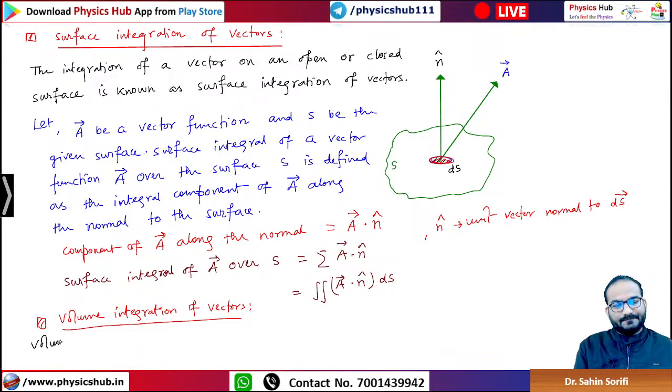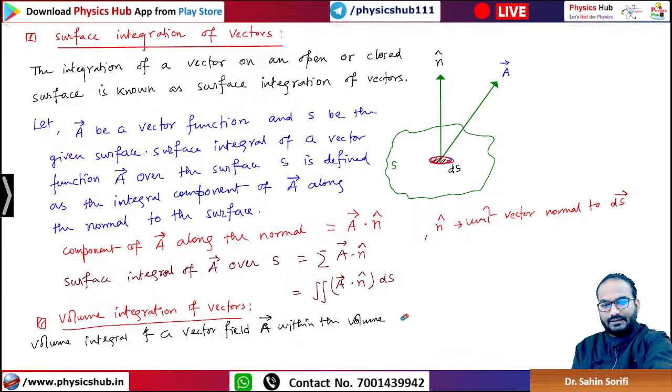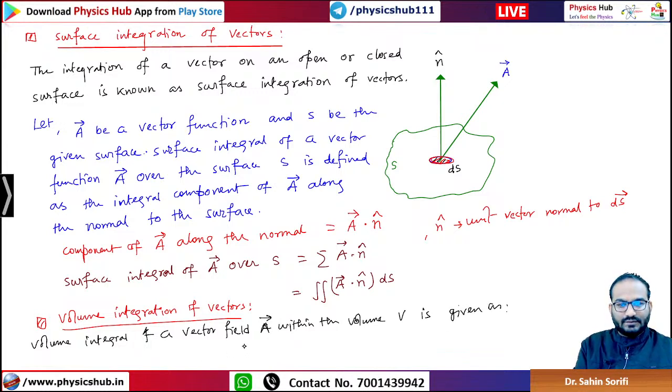So volume integral of a vector field A within the volume V is given as, we simply write it, triple integration, volume integration is carried out over the volume V, vector A dV.